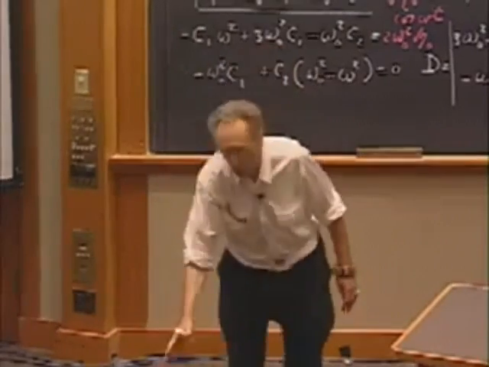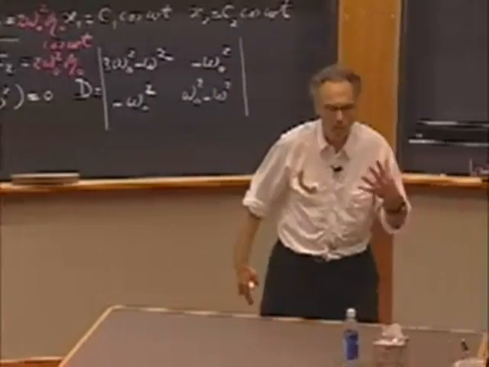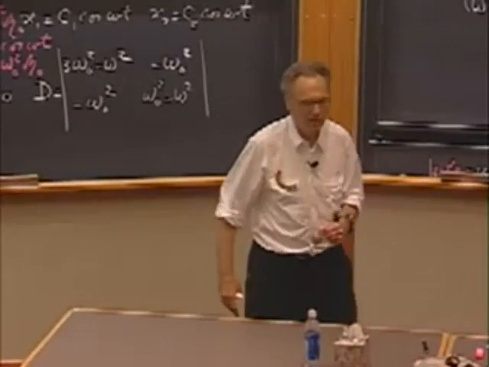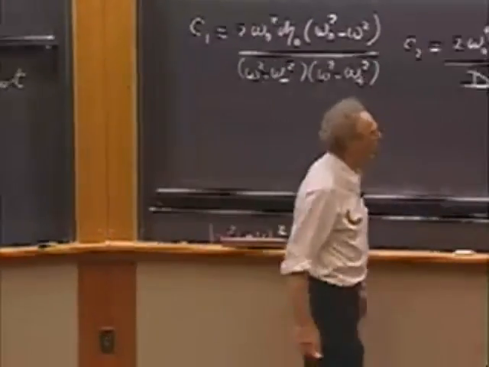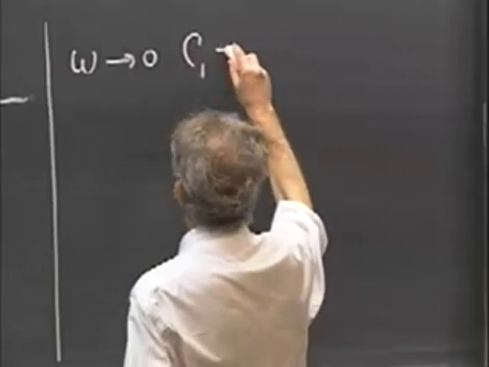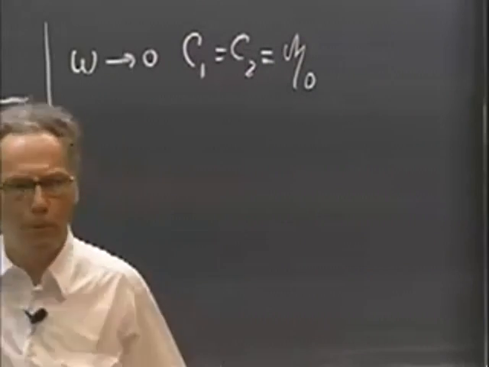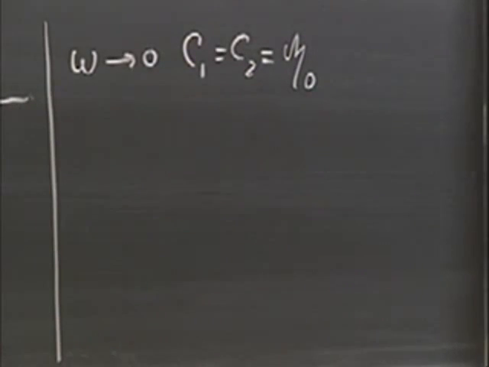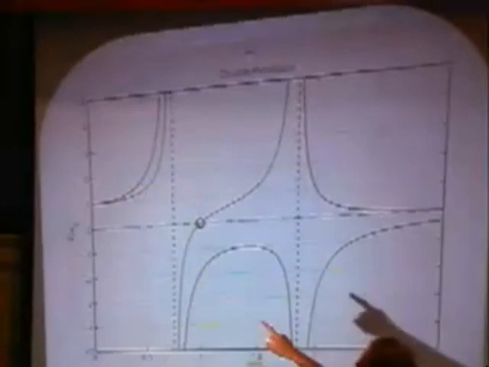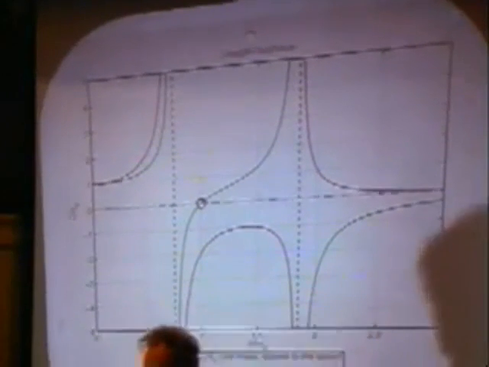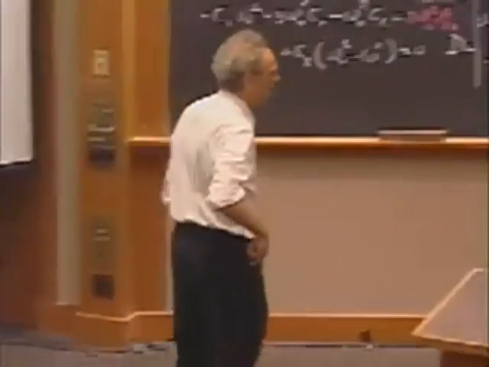So the pendulum is always straight, and it is clear that C1 and C2 both must be eta 0. And you better believe it, that if you substitute in there omega 0, that's what you will find. So C1 must be C2 and must be eta 0, and it must even be plus eta 0. It must be in phase with the driver. And you see that, not the ratio, which is C divided by eta 0, that is a ratio, that is plotted at plus 1. And so both are in phase with the driver.